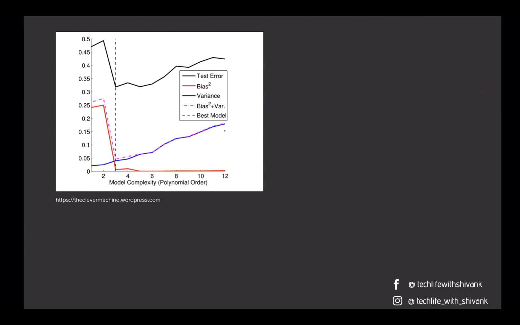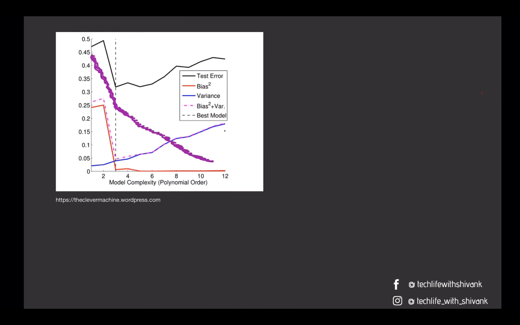Training error would be lower than the test error. It would be quite low at this point. I'm not plotting the actual training error, so this is the kind of training error we can expect. As the model tends to overfit the data, the training error can go lower and lower, but the test error would go higher.